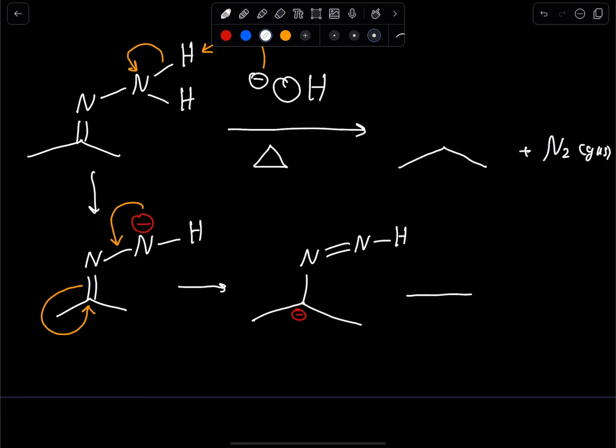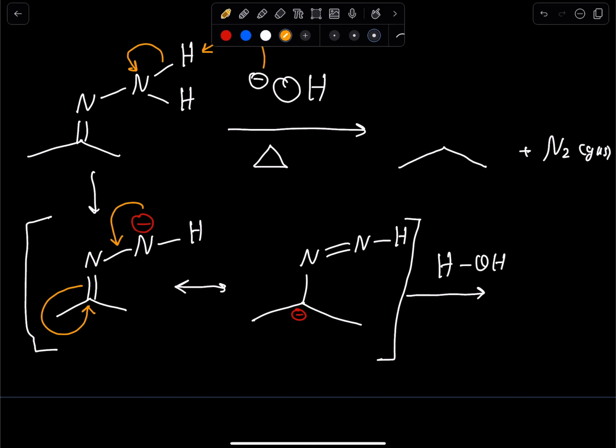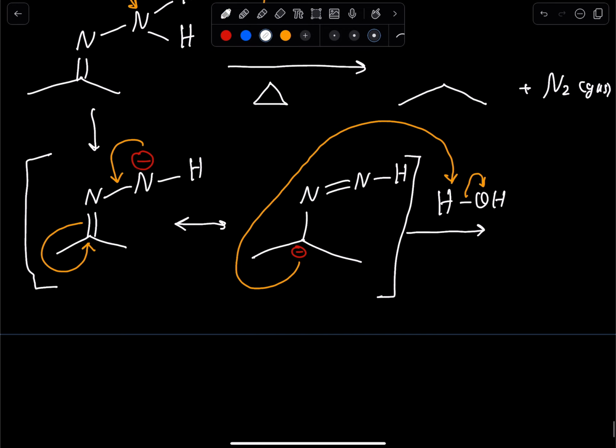This was really a resonance thing, so these two are the same molecule, except that the electrons are spread out. The negative charge is spread out among the nitrogen and the carbon. But what can happen is that you can react this with some water that may be in the solution. And because a negative charge on carbon is a very unstable thing, it will quickly steal a proton from this oxygen. So the carbon will be neutral now.